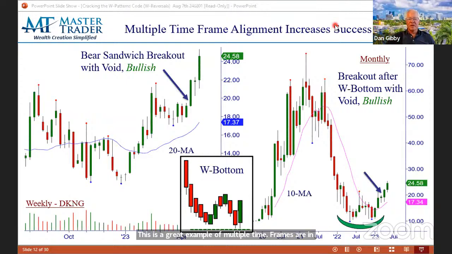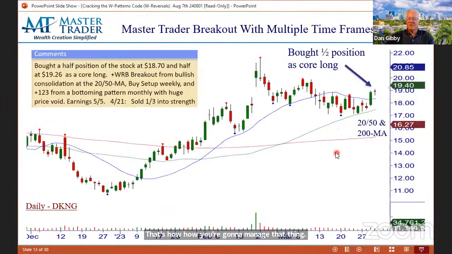Yes. All right, so W bottom here on the monthly chart, major support. I've got 2 slides here. Weekly chart, so this is similar to the other one I just went over with multiple time frames. Wide range breakout here. And look at my daily chart.